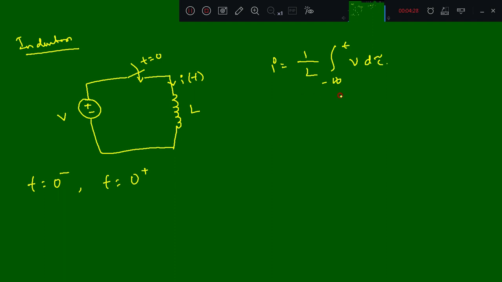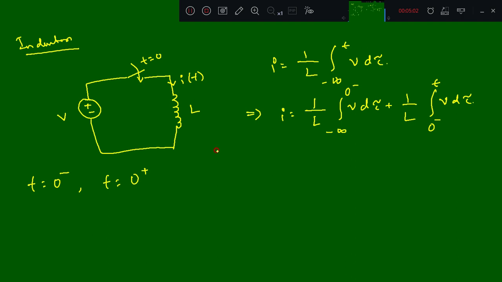If I split this integration, I can split it like this: I equal to 1 by L, integration with limits from minus infinity to 0 minus, V d tau, plus 1 by L integration from 0 minus to t, V d tau.